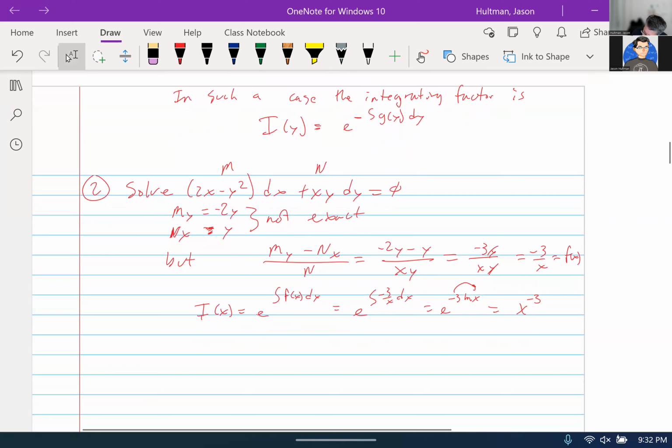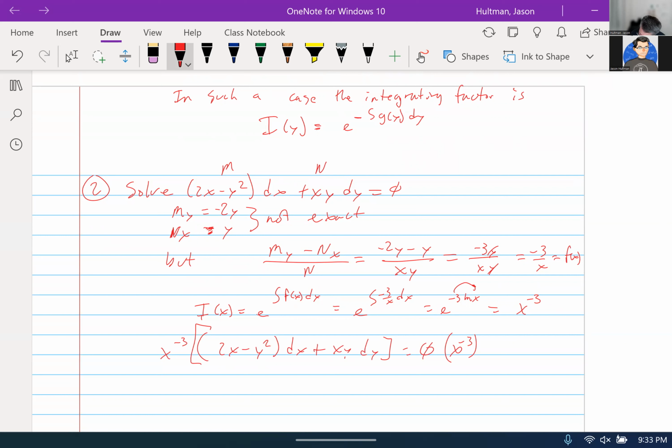Let's take this and multiply it through our original differential equation here.